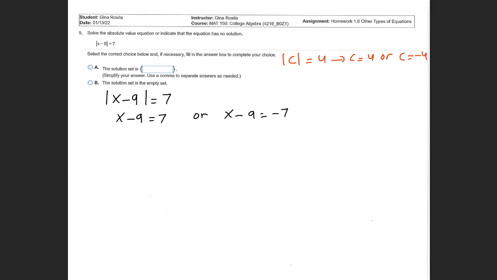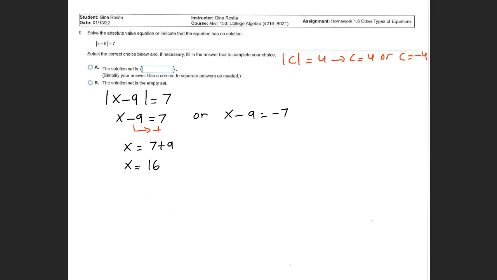Okay, so what next? Move 9 to the right side, it becomes positive. So x equals 7 plus 9, which is 16.